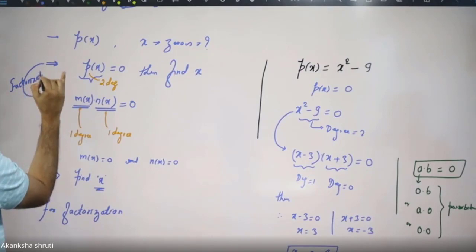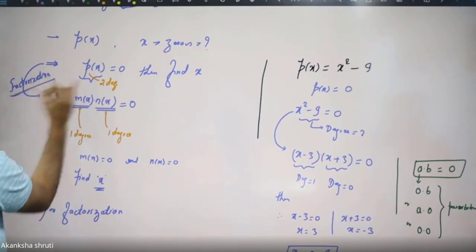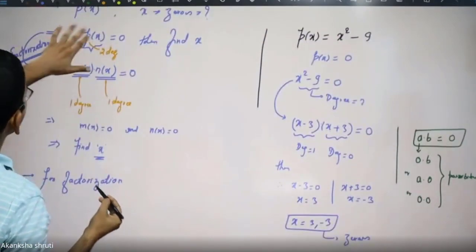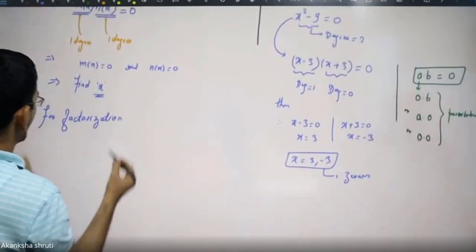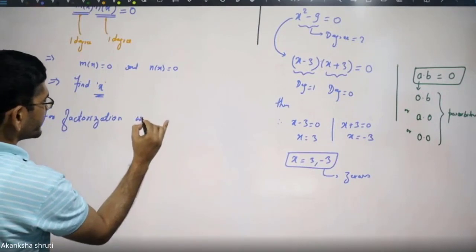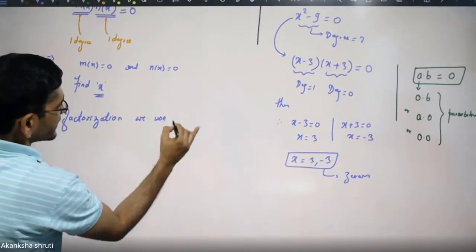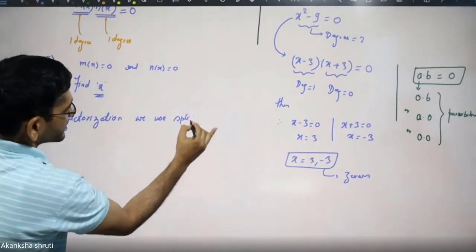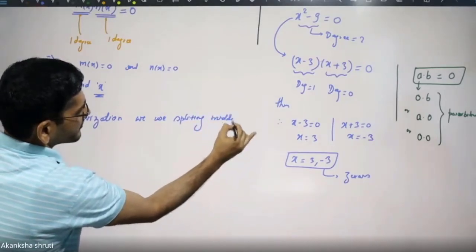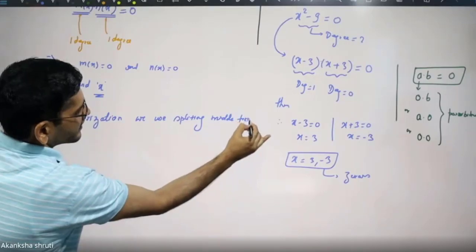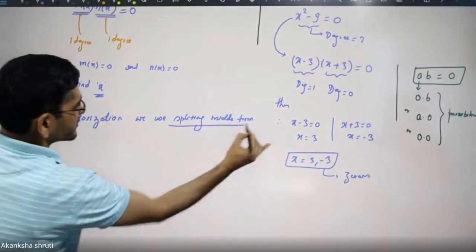Factorization is involved in this step. So for this step, conversion of this 2-degree polynomial into two 1-degree polynomials, we use splitting the middle term. This is splitting of the middle term.